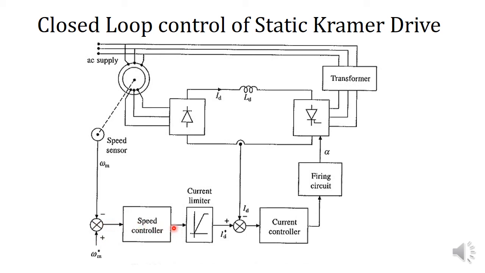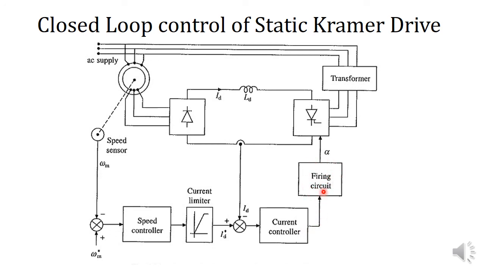The output of the speed controller is given to a current limiter. The current limiter gives us the current command, the reference current ID. The actual DC link current ID and the reference current are compared, and the error signal is given to the current controller. And the current controller output is given to the firing circuit.